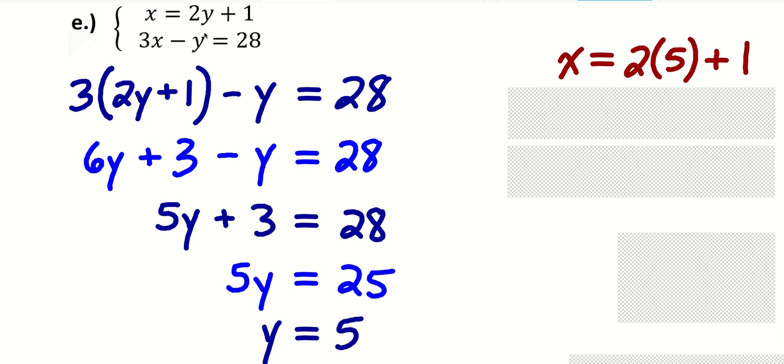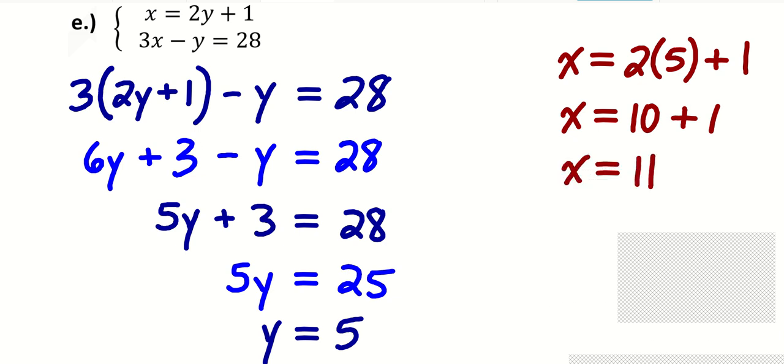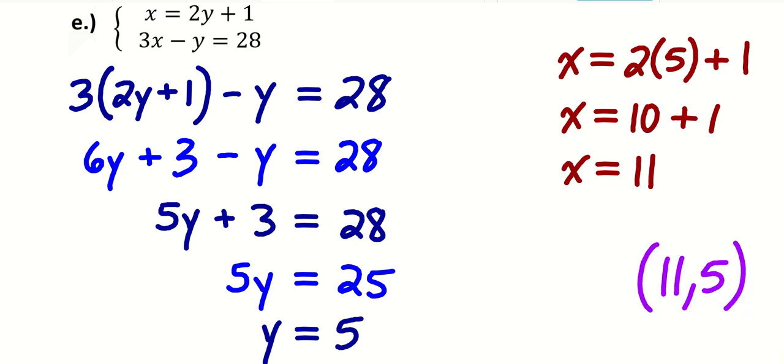You can pick either equation you want, but I'm definitely picking this top one to plug 5 in for y, which will lead to x equals 11. All right? So that means the final answer is 11, 5. Especially if you're thinking of what point these two lines would intersect at, you know?